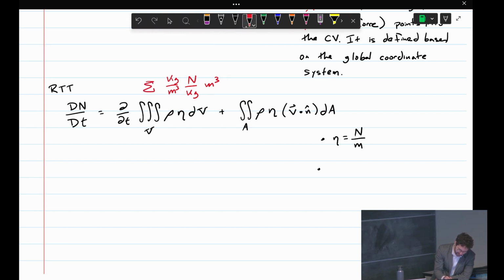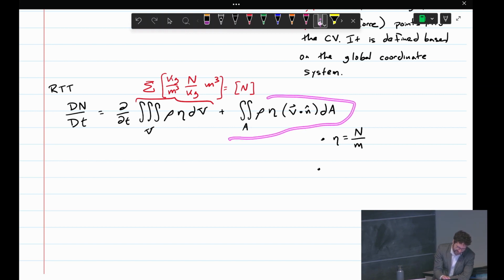So this will have units. Again, I'm just doing this integration before we take the partial derivative. Does that make sense? So this whole thing has units of n. This mass flux here is sort of an n flux, big N per unit time.